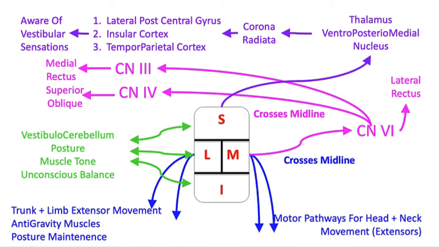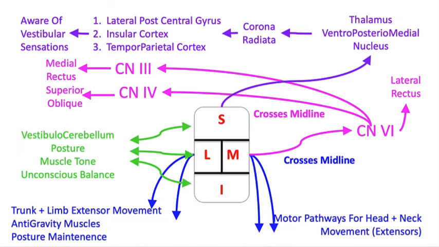The lateral vestibular nucleus goes down to the trunk and limb extensors, or the anti-gravity muscles, so activation of the semicircular canals will cause facilitation of trunk and limb extensors and inhibition of trunk and limb flexors.